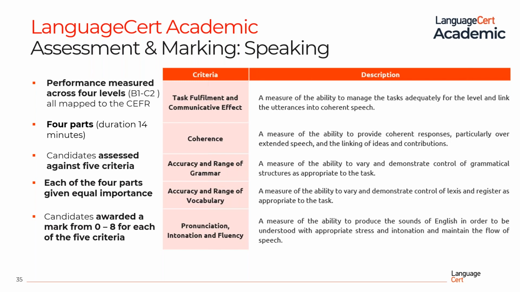For all 4 parts of the speaking component, candidates are assessed against 5 criteria: task fulfillment and communicative effect, coherence, accuracy and range of grammar, accuracy and range of vocabulary, pronunciation, intonation, and fluency. Please note that each of the 4 parts of the speaking component is given equal importance and that candidates are awarded a mark from 0 to 8 for each of the 5 criteria.